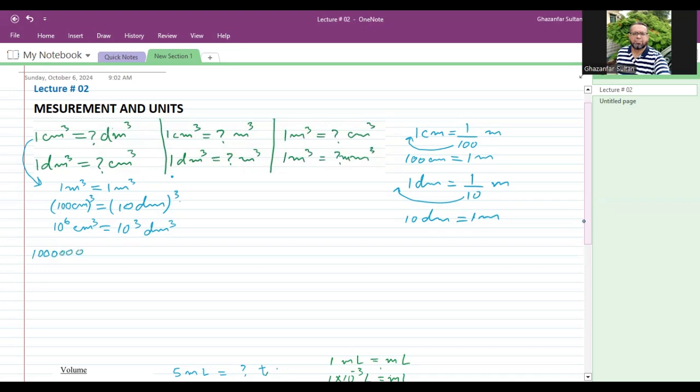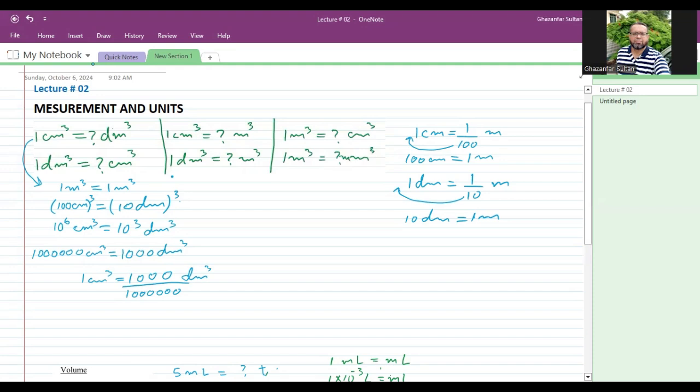There must be 6 zeros, 1, 2, 3, 4, 5, 6 centimeter cube is equal to 1000 decimeter cube. So 1 centimeter cube would be equal to 1000 divided by 1 million, and here it is decimeter cube.